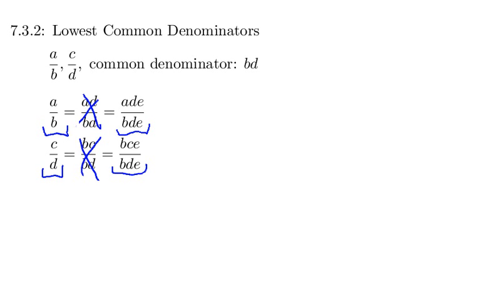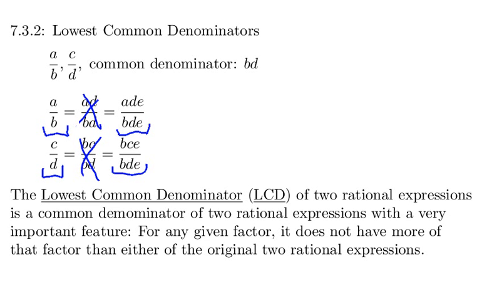The lowest common denominator of two rational expressions is a common denominator with a very important feature: for any given factor, it does not have more of that factor than either of the original two rational expressions.